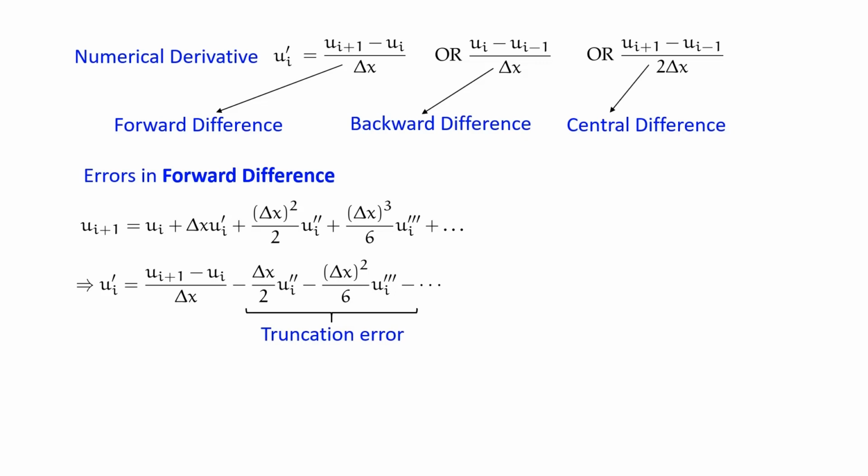Why? Because delta x is usually small. So as we power it up, then the subsequent terms will be smaller and smaller. The largest term will probably be delta x by 2 u i double prime.